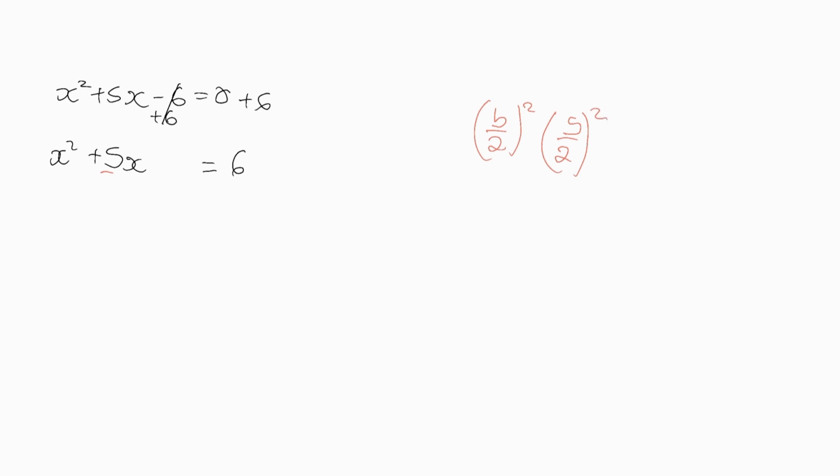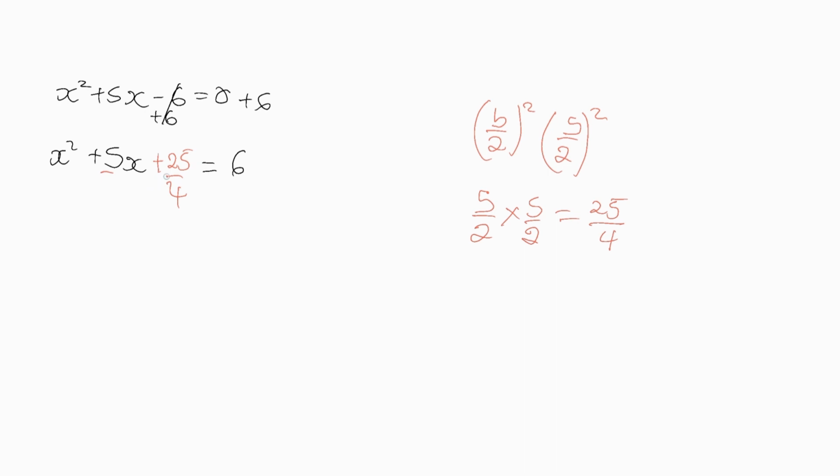This is the same as 5 over 2 times 5 over 2. This is equal to 5 times 5 is equal to 25 over 2 times 2 is equal to 4. So we'll take this 25 over 4 and add it here.